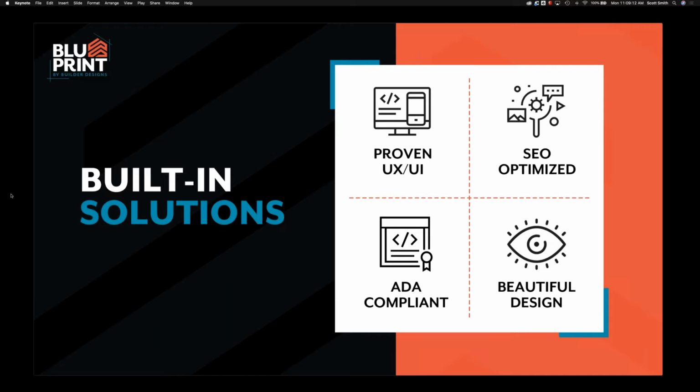Our sites always come with an SEO mindset baked in, so you can be found on Google, your pages work well with your AdWords program, anything that you're doing, those pages are optimized and function correctly.